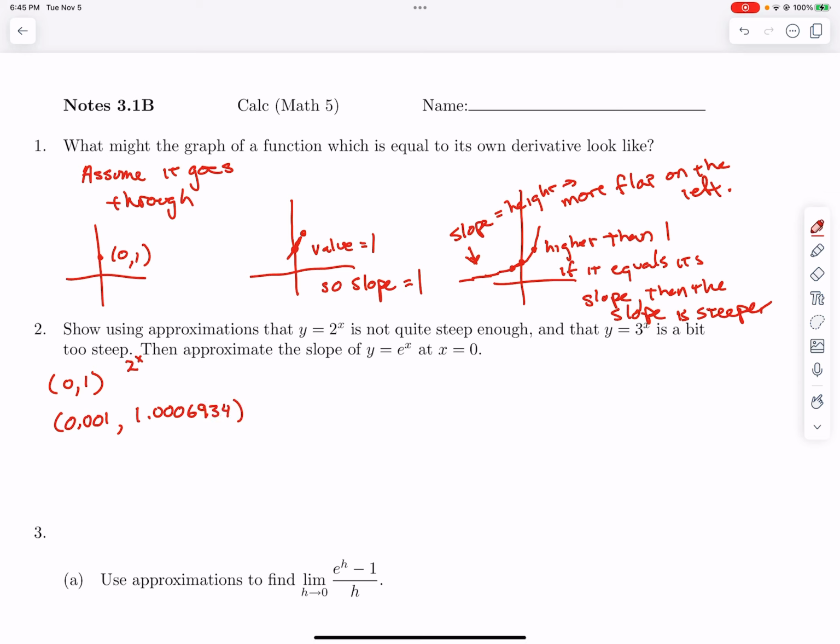If you look at the approximate tangent line by looking at the secant line, it's not quite steep enough.